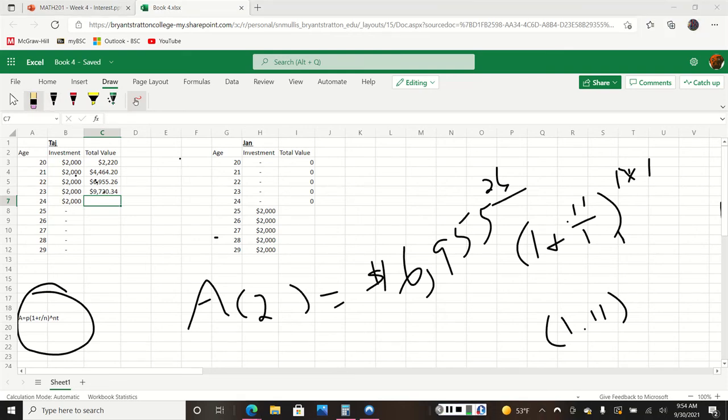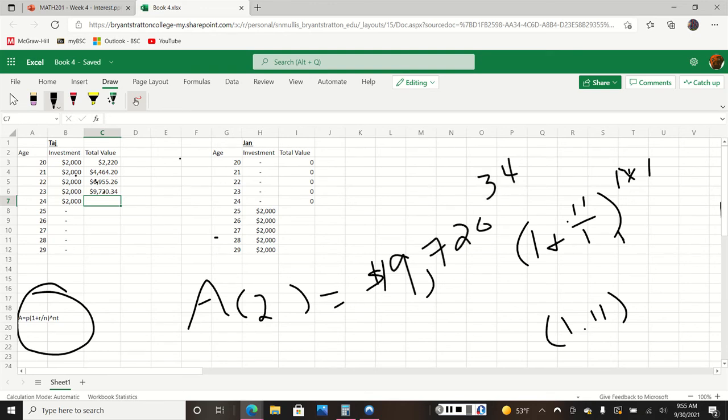So the amount that we're trying to figure out as far as interest, we're going to use that $9,720.34. We're going to use that amount to figure out how much interest has accumulated.